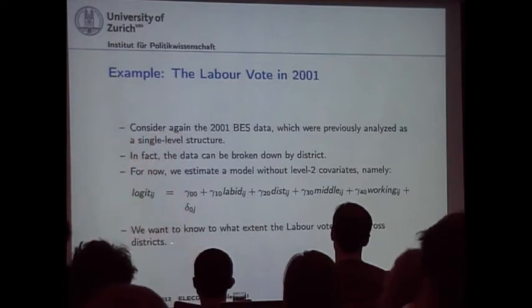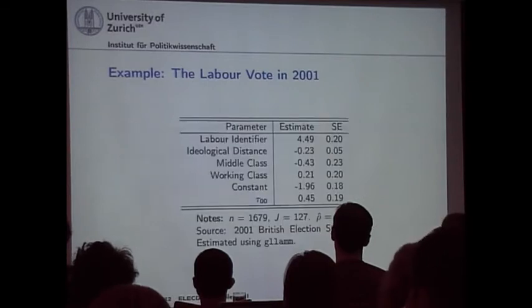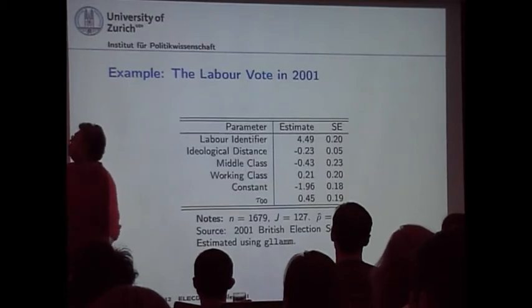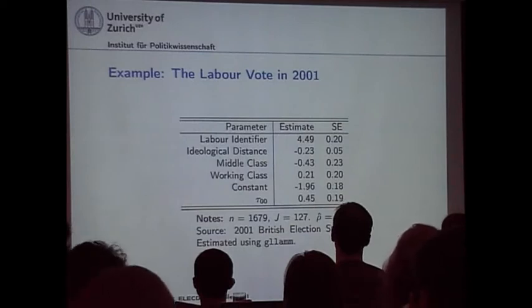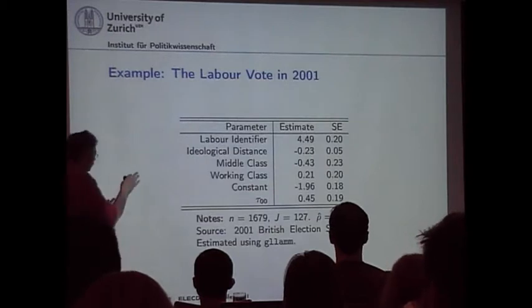And we want to know to what extent the Labour vote varies across districts. And I'll tell you in a moment, I think today, how I did the estimation in Stata, but here are the results.